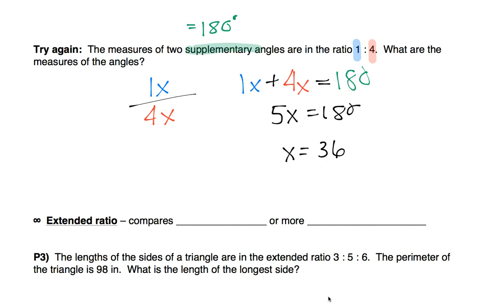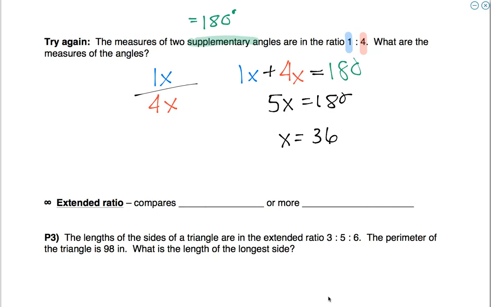X is 36. And that means that the two angles are 36 degrees and 36 times 4, 144 degrees.